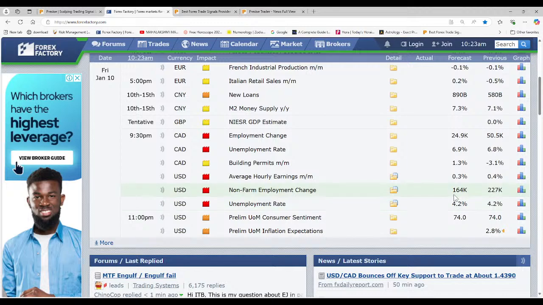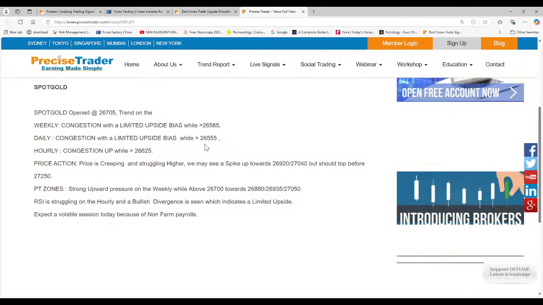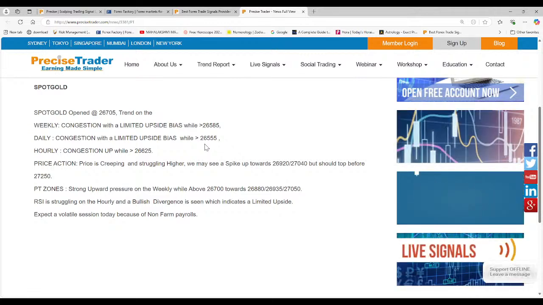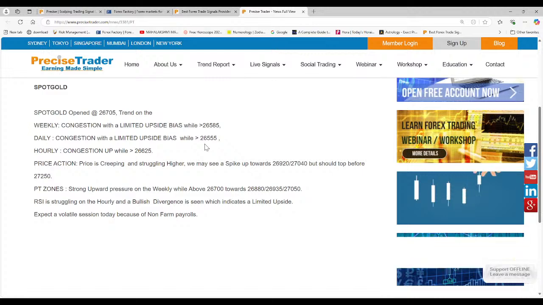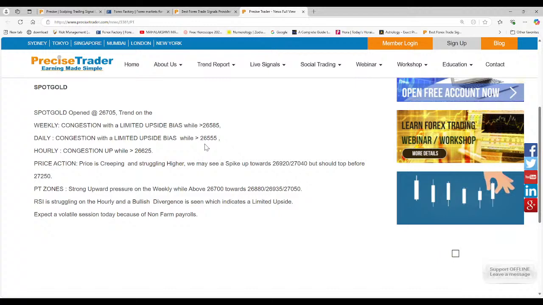We are looking for above 200K, or maybe the same as expected, but definitely not a very weak data. If a weak data comes, it might surprise the market, and then I think the dollar strength may turn around. So that is where we need to pay attention and trade carefully.